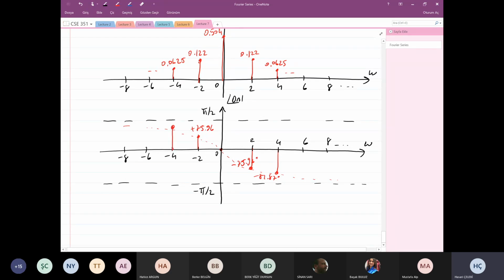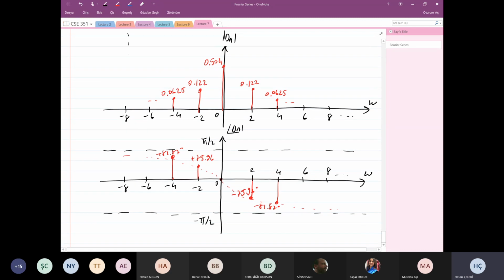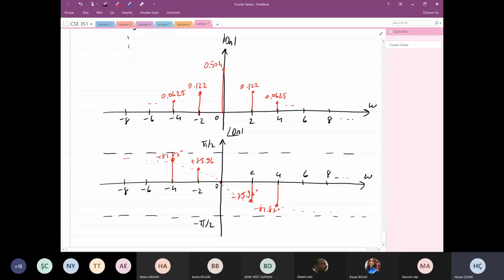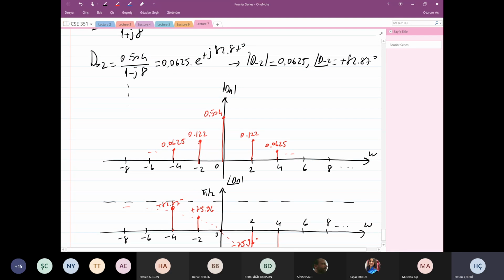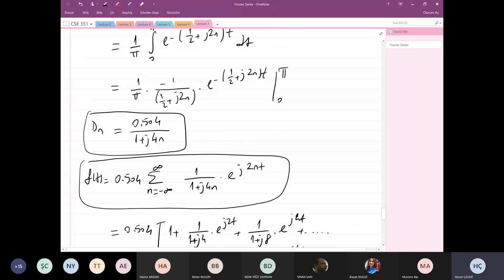And then we have plus 82.87 and so on. This is the exponential Fourier series of such a signal in the example.